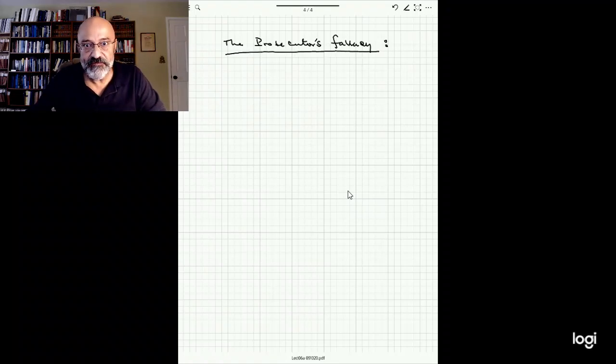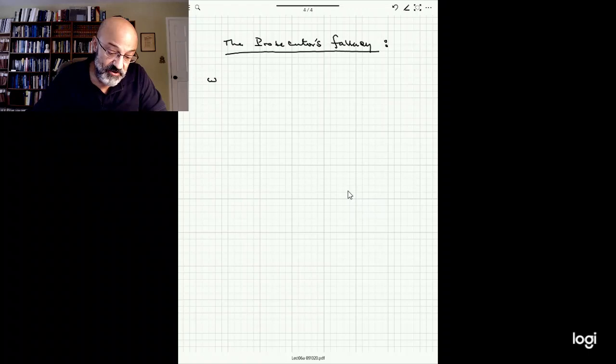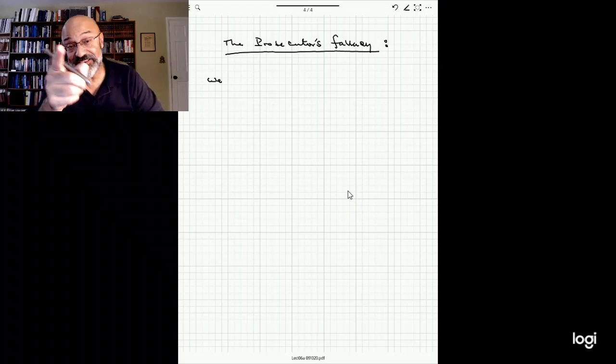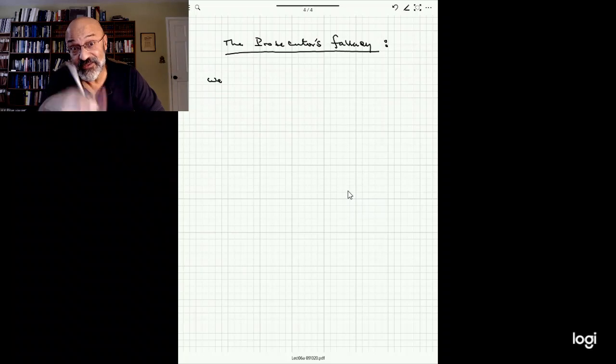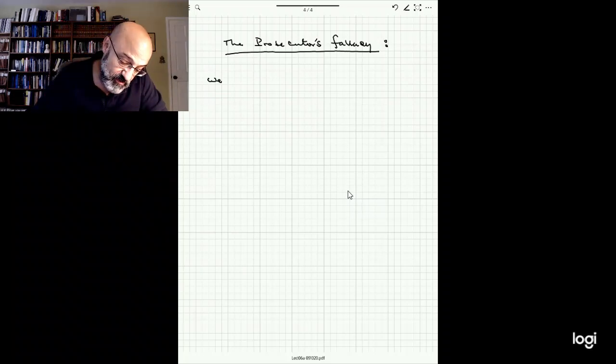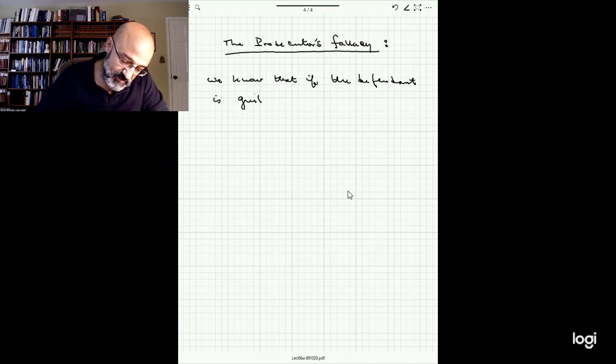Which goes like this. I'll write it out because this is how prosecutors can swindle you. We know that if the defendant is guilty, there must exist evidence.